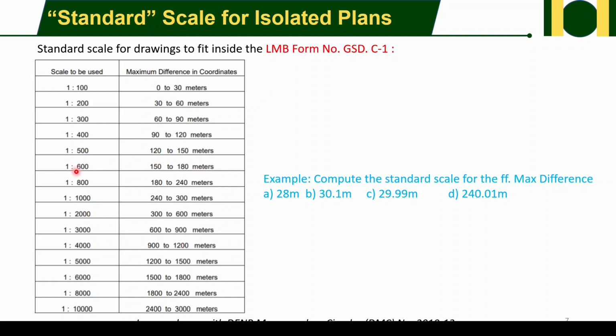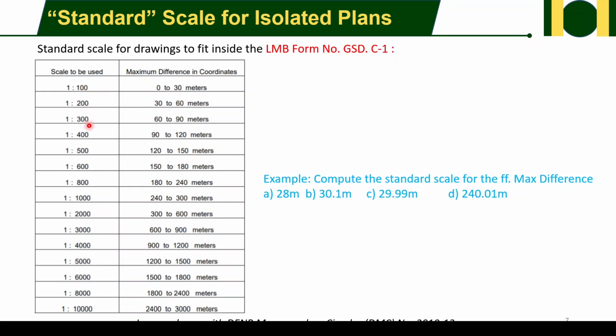is to 600. There is no 7, so it's easy to remember: just imagine a triangular scale, like a Toblerone. A Toblerone has 1, 2, 3, 4, 5, 6 faces, and each face represents one scale.